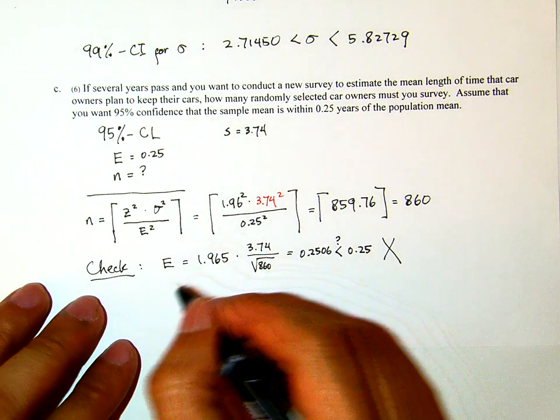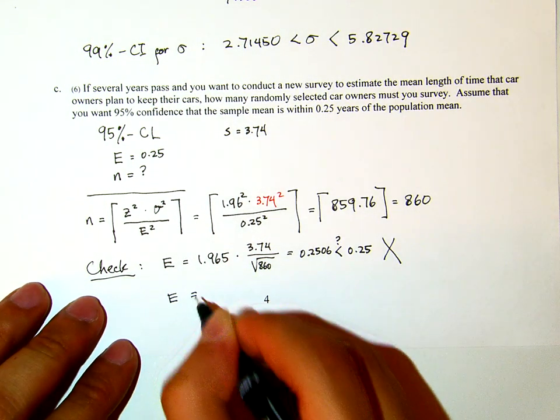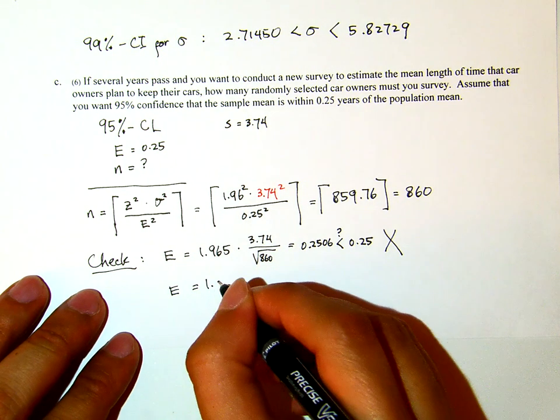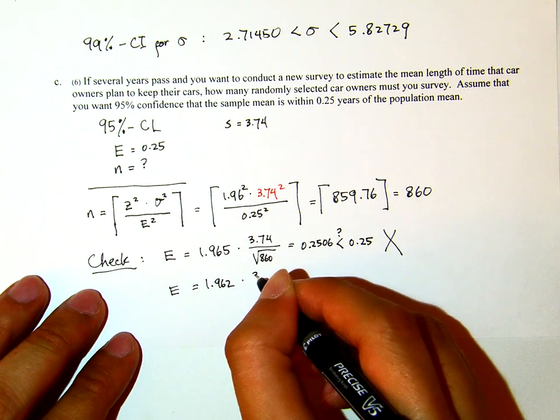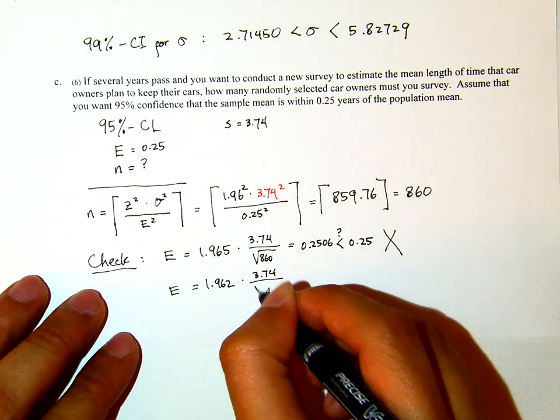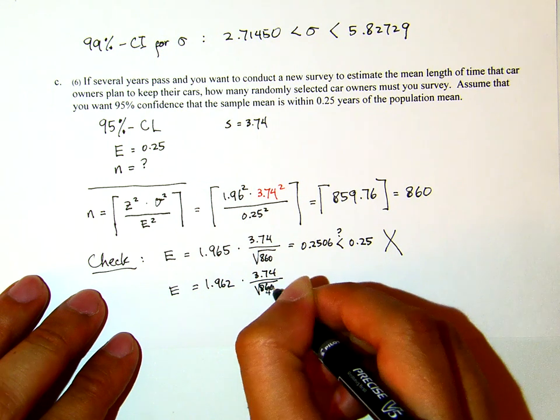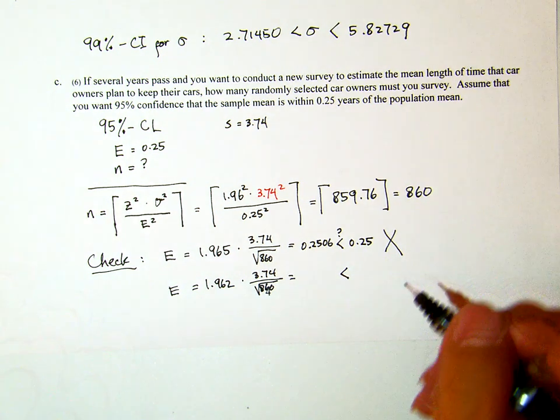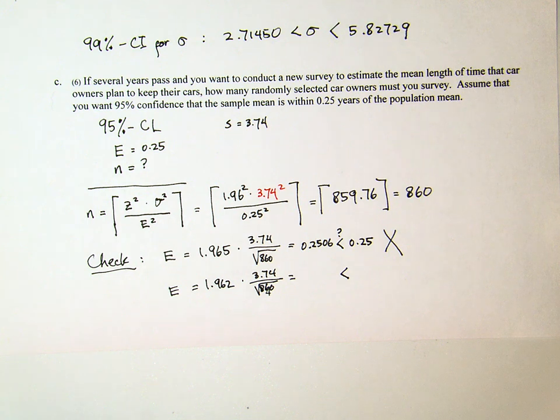If I use margin of error equals 1.962 times 3.74 over the square root of 860, will this be reasonable? Let's see, 1.962 times 3.74 divided by the square root of 860.